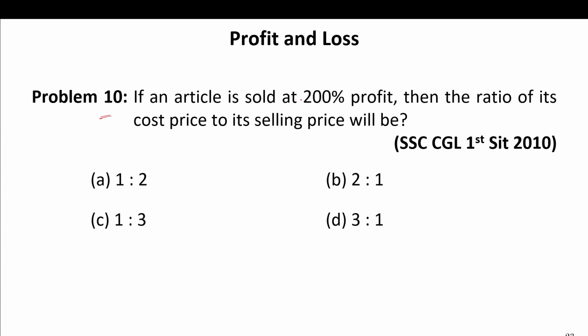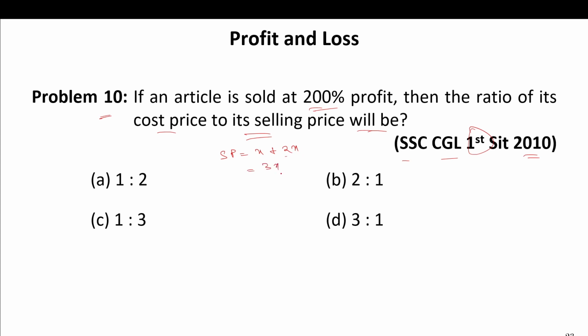So if an article is sold at 200% profit, then the ratio of its cost price to its selling price will be what? Is it 1:2, 1:3, 2:1 or 3:1? So this question has appeared in SSC CGL first sitting 2010 paper. Okay, let's see. So the article is sold at 200% profit. So SP is equal to what? If cost price is X, then profit is 2X, because 200% profit.